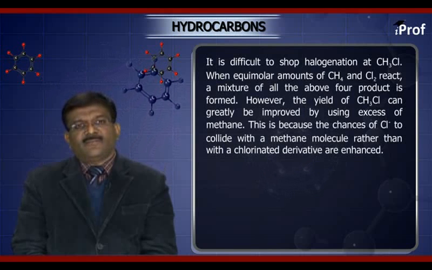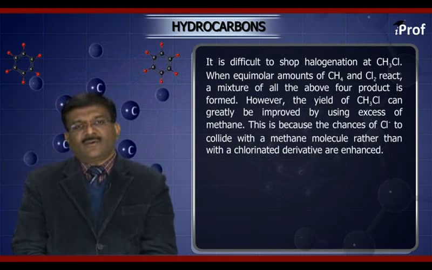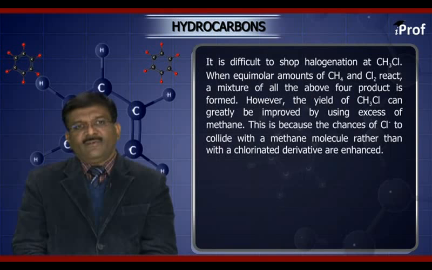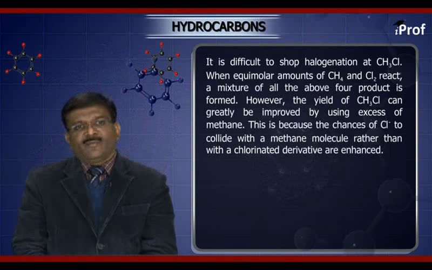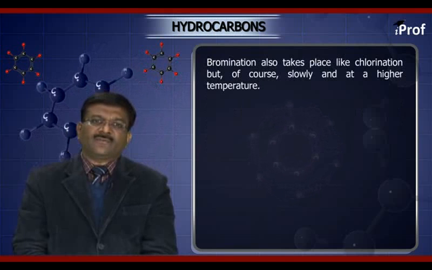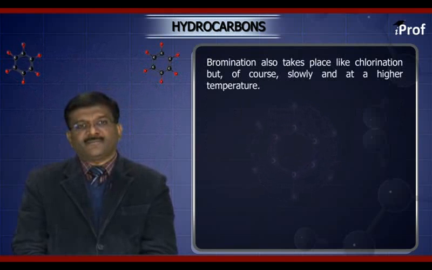This is because the chances of a chlorine to collide with a methane molecule rather than with a chlorinated derivative are enhanced. Bromination also takes place like chlorination, but of course slowly and at a high temperature.